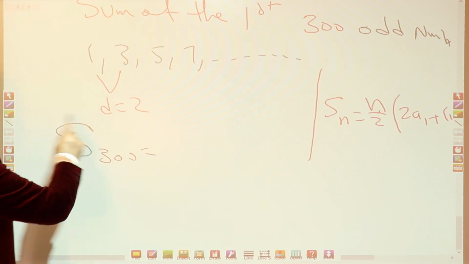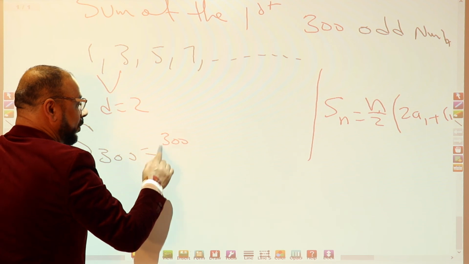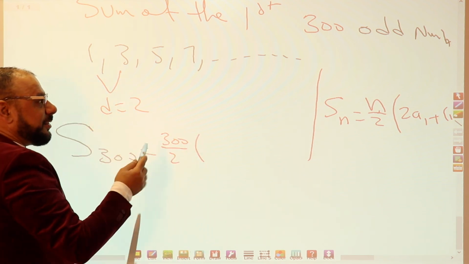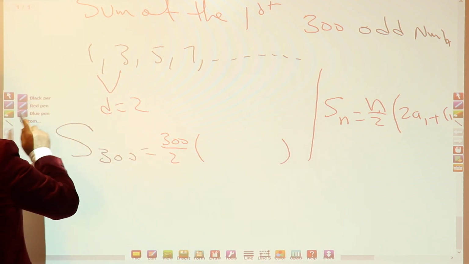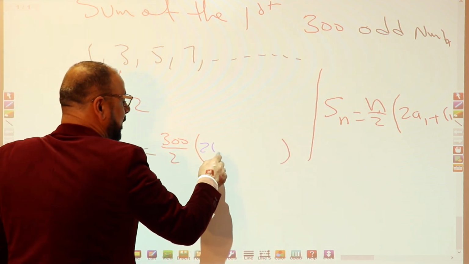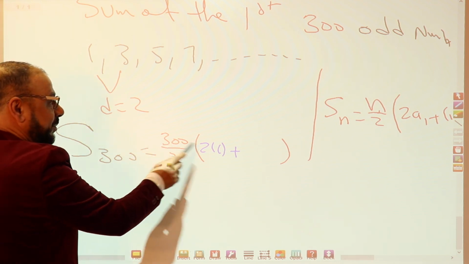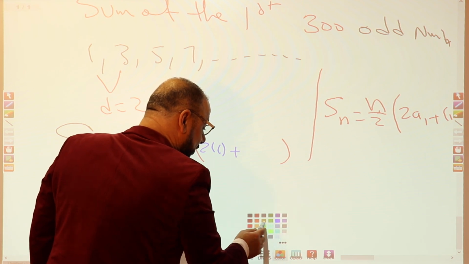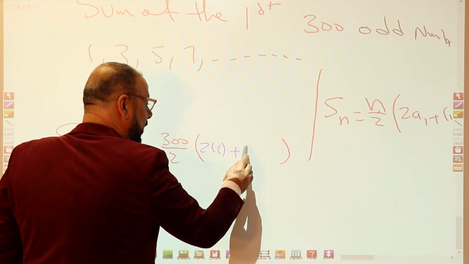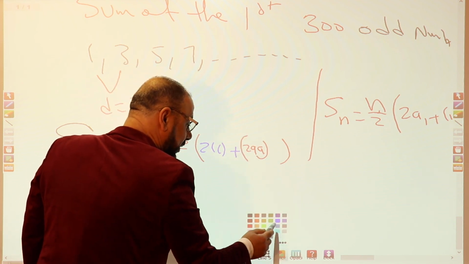And then we have the first 300 numbers over 2, and the first number A1 is 1. 2 times 1 plus 300 minus 1 times d. 300 minus 1 is 299, times d, which is 2.